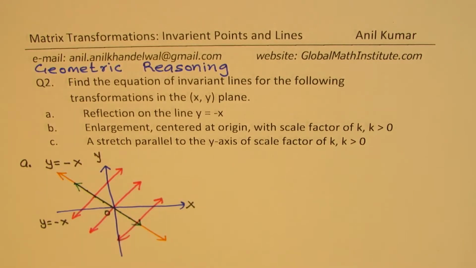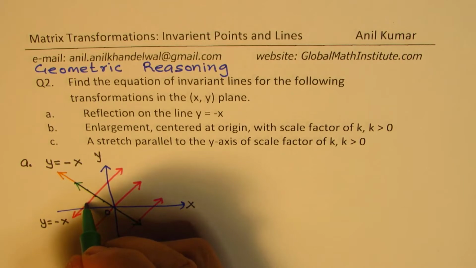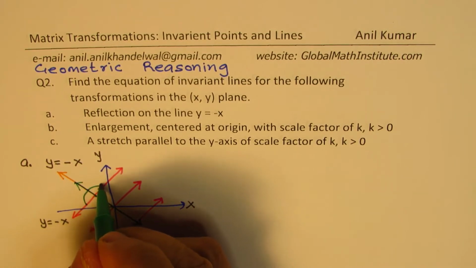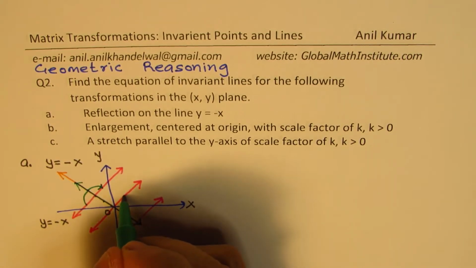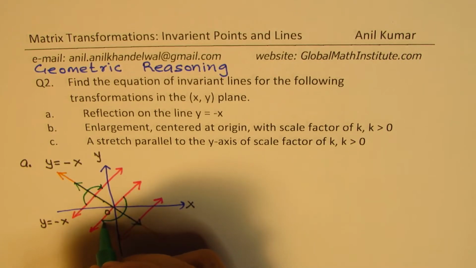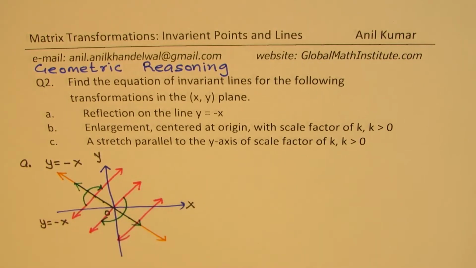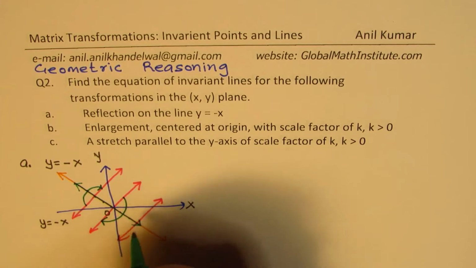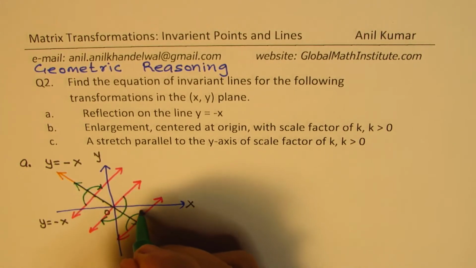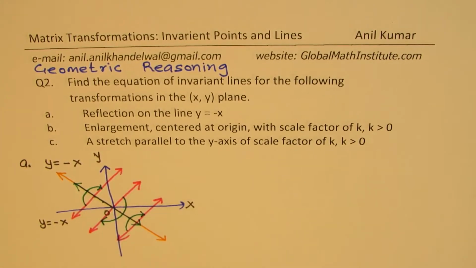You will notice that any point on this particular line, when reflected, will be reflected onto the line itself, right? If there's a point here, it is going to reflect on the line. Does that make sense to you? Points are not invariant, but the line is invariant.